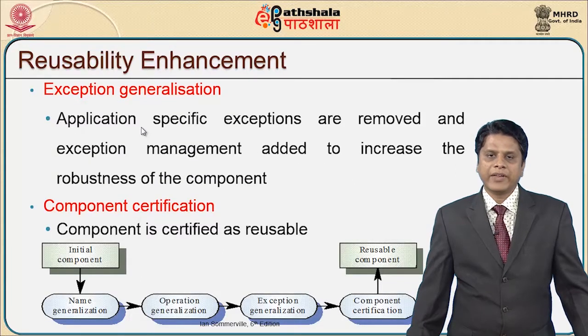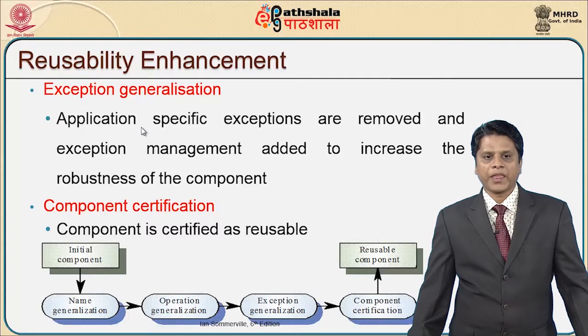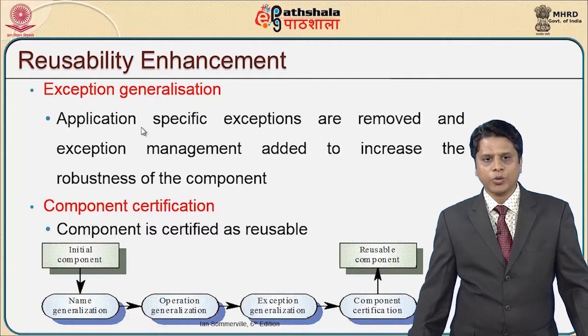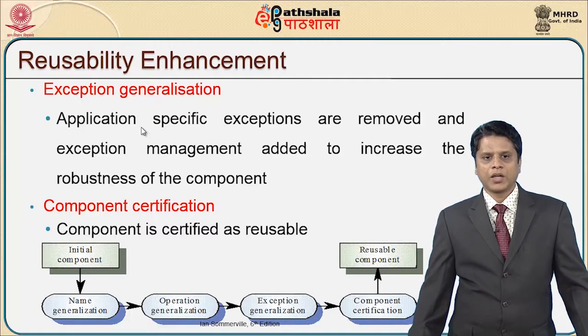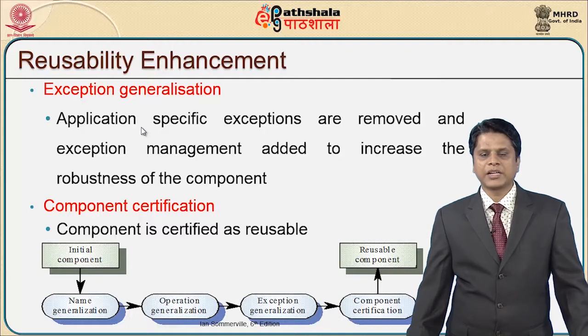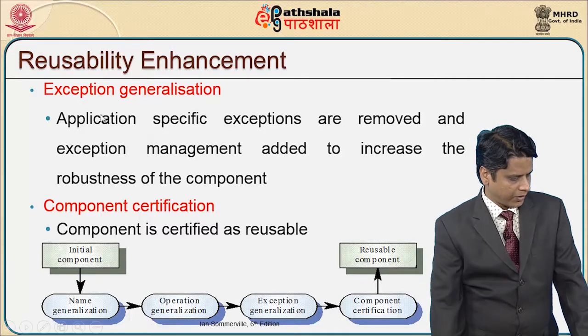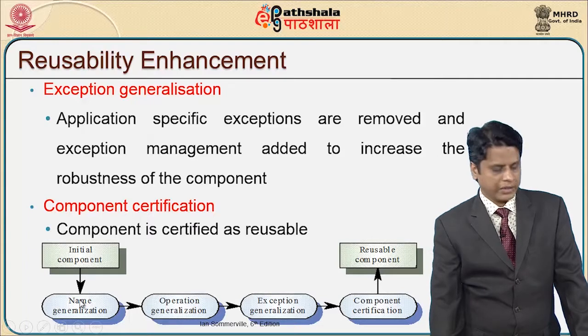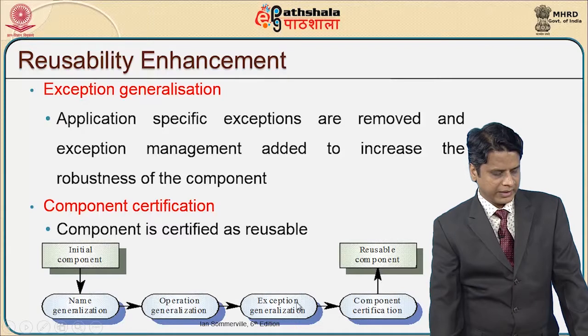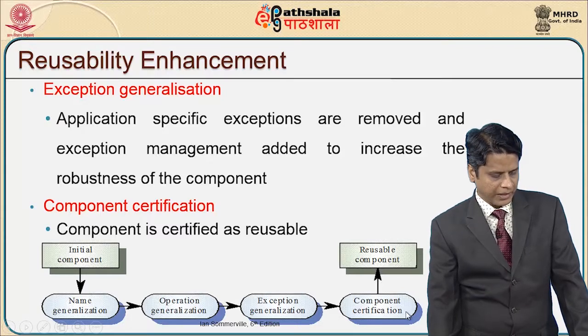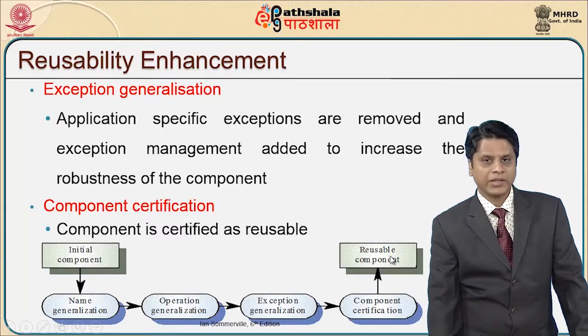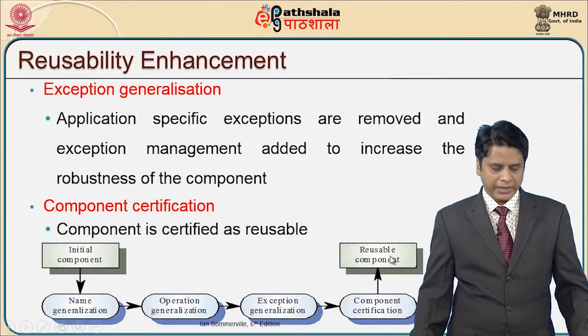It can in turn have exception generalization also. In exception handling, application specific exceptions are removed and exception management is added to increase the robustness of the component. Component certification: a component is certified as reusable if, starting from the initial component, we perform name generalization, then operation generalization, then exception generalization, then component certification. Further, the component is made completely reusable.